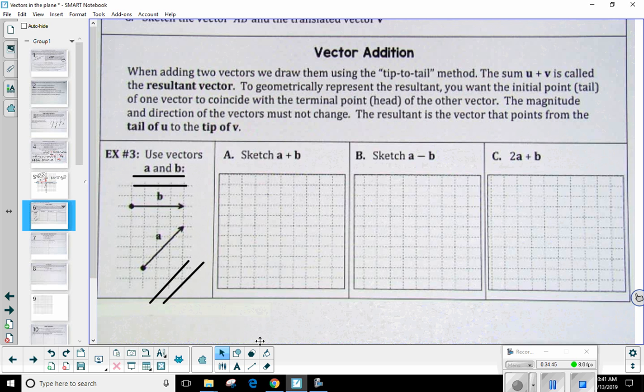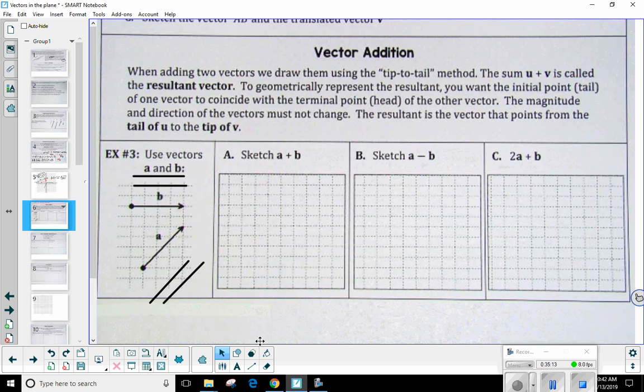Now for me, it's going to be really easy to double A because I actually have two links representing A, so I can just put them together. But if you're trying to do that graphically, you could simply double what? There you go. What do we call those? Starts with a C. The side lengths that form the right triangle? Components. Simply double the components, and that would give you double A.